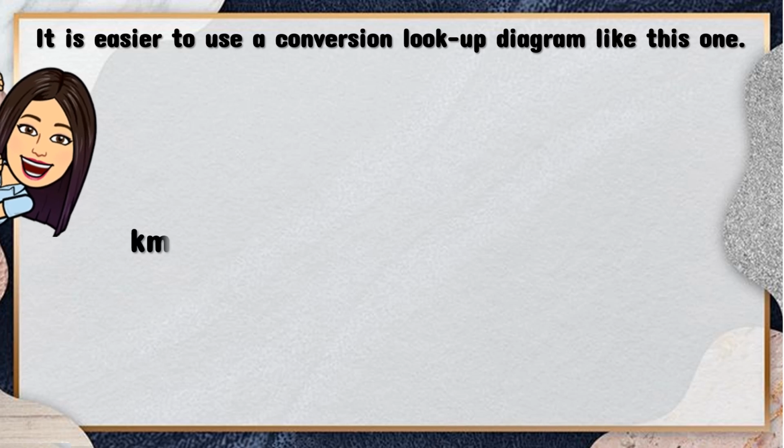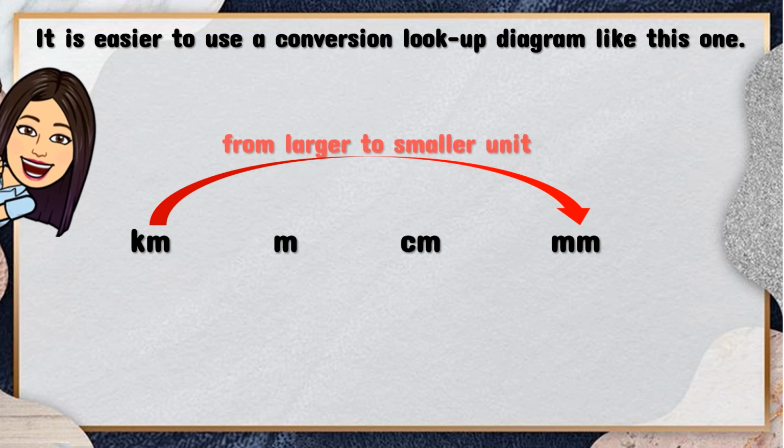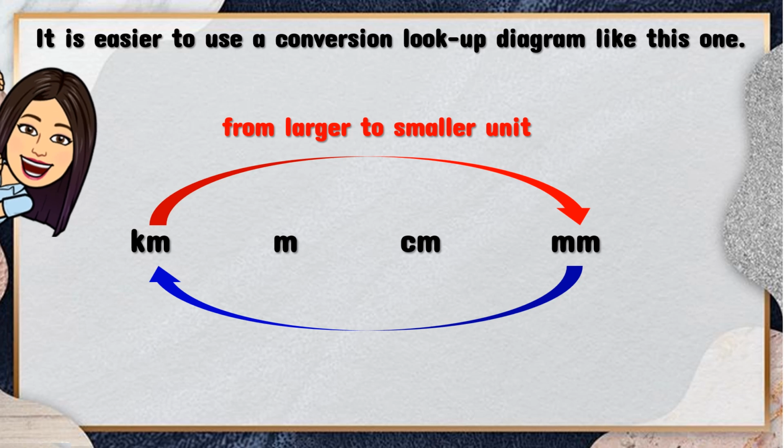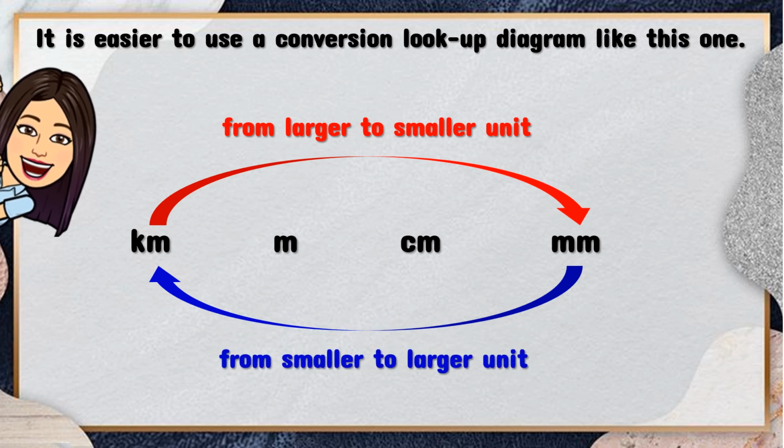These are the units of length: kilometer, meter, centimeter, and millimeter. Kilometer to millimeter goes from larger to smaller unit, while millimeter to kilometer goes from smaller to larger unit.